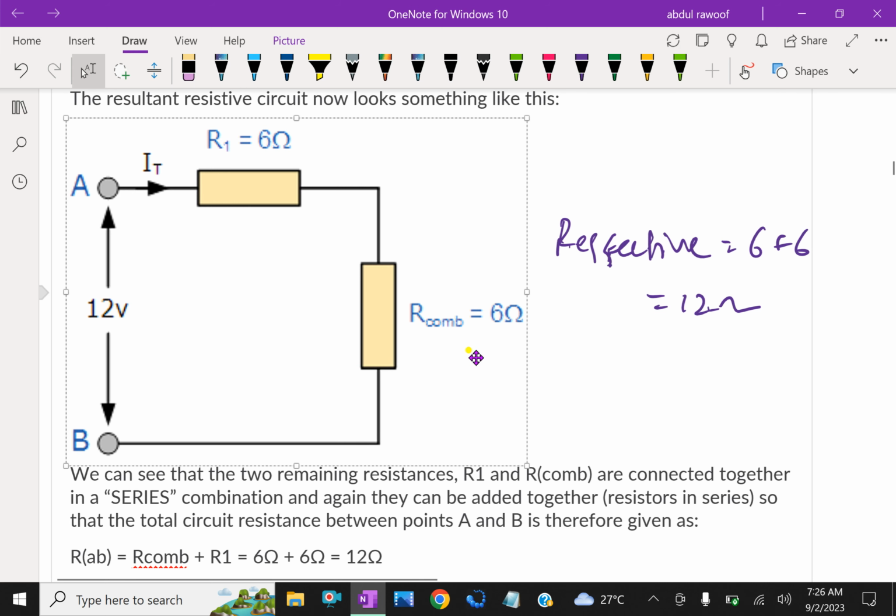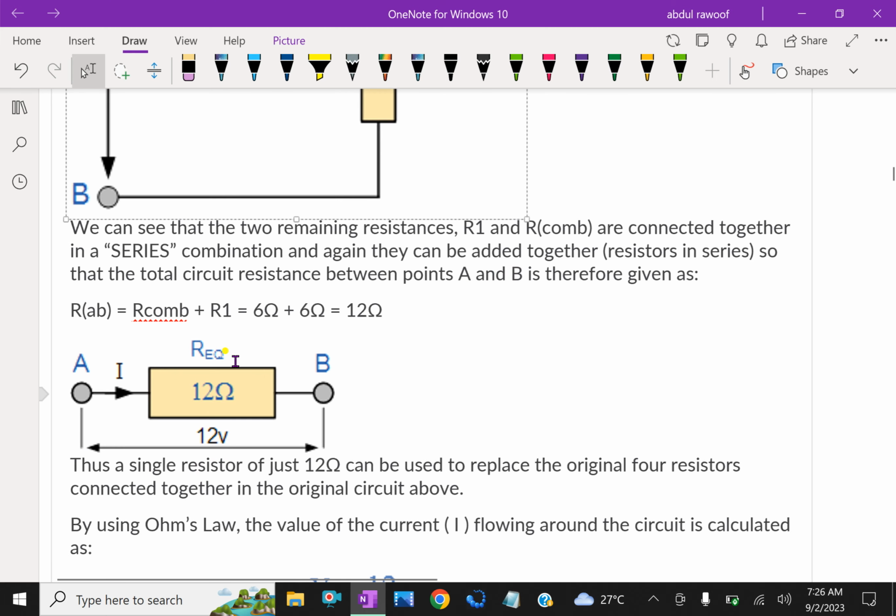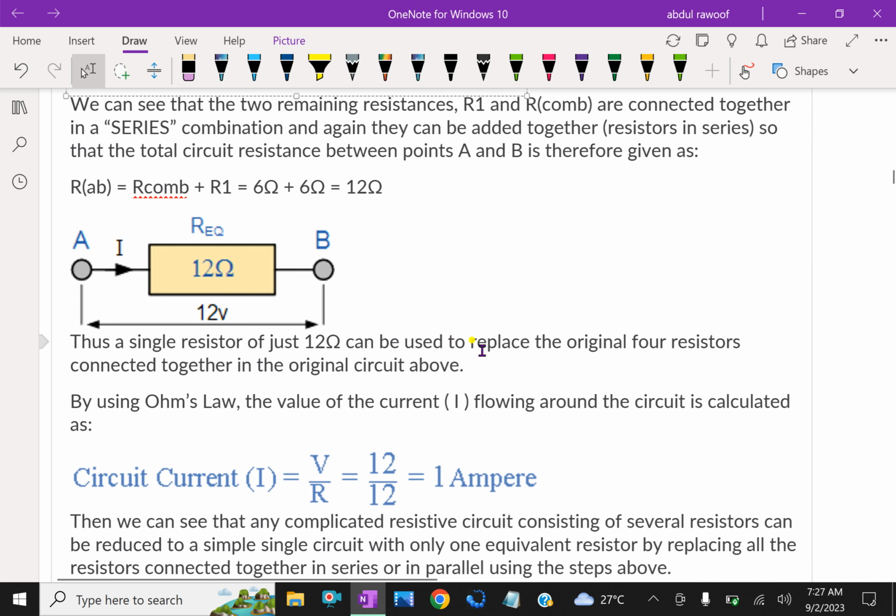So the combination has 12 ohm. Look at this. This is the final resistance for that 12 volt circuit, 12 ohm equivalent. Therefore the current through the circuit is V by R, that is 12 volt by 12 ohm, equal to 1 ampere.